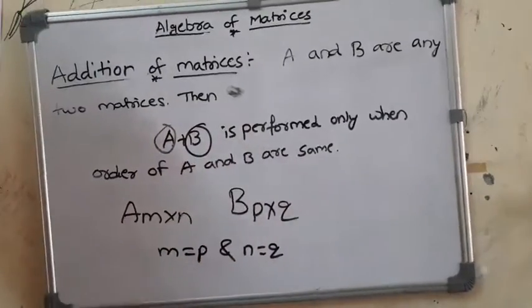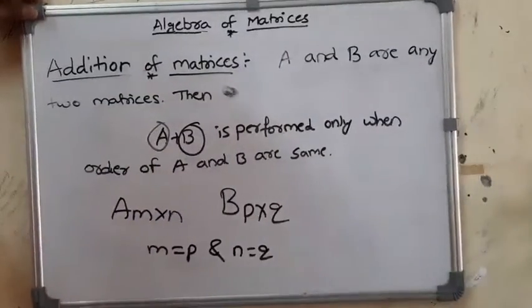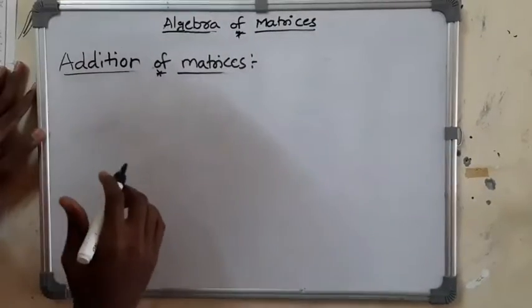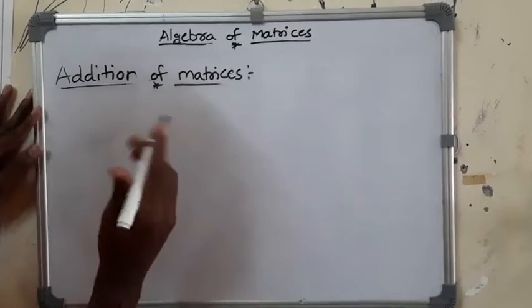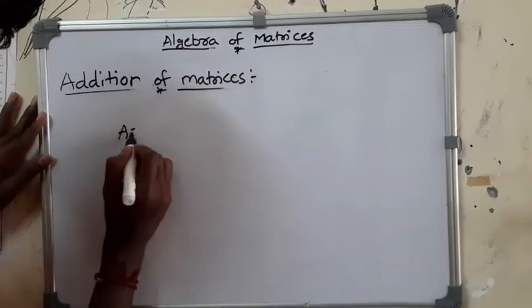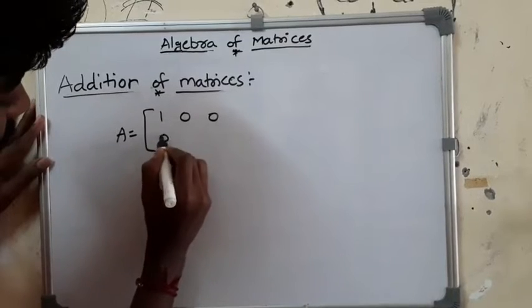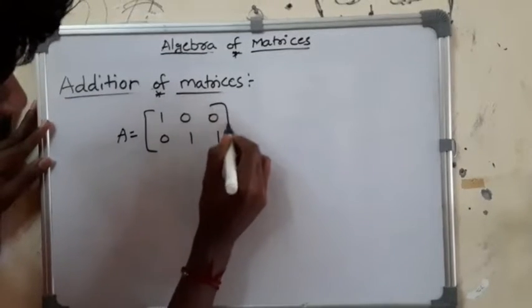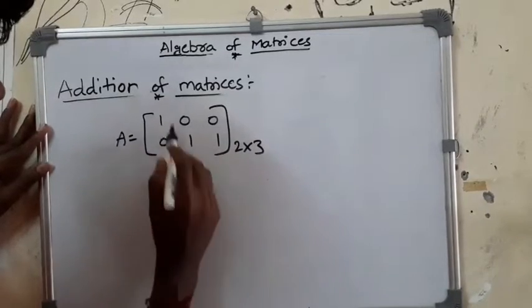Let us take some examples and see how we can perform the addition operation on two matrices. Let A equal 1 0 0 0 1 1. It is a 2 by 3 matrix because it has 2 rows and 3 columns.